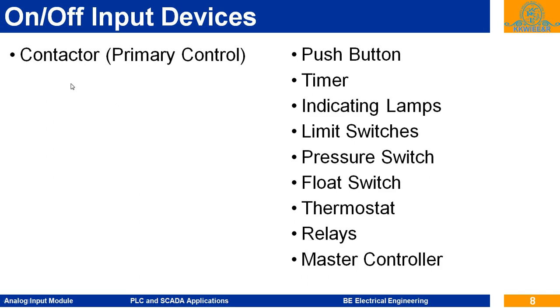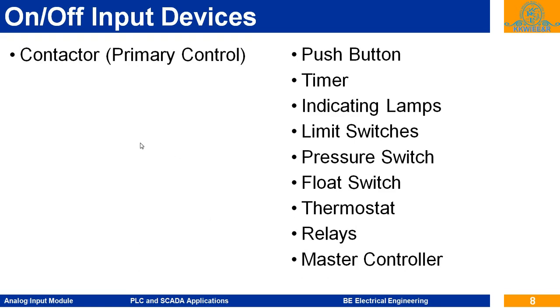Basically this contactor controls three-phase power or single-phase power, meaning 230 or 415 volts, for motor on-off in the case of a domestic pump, or an industrial three-phase pump. This is called a primary control.